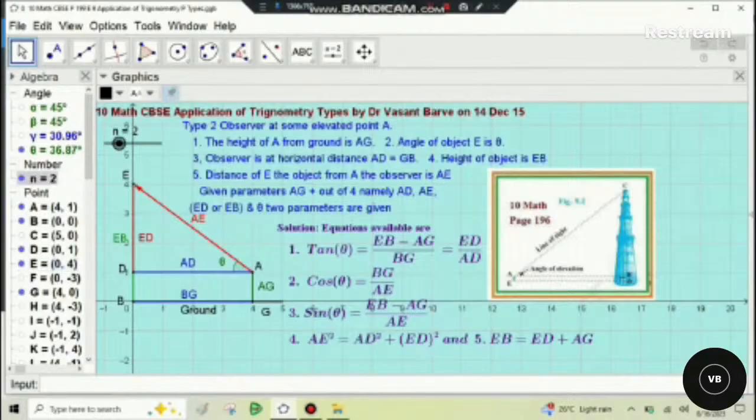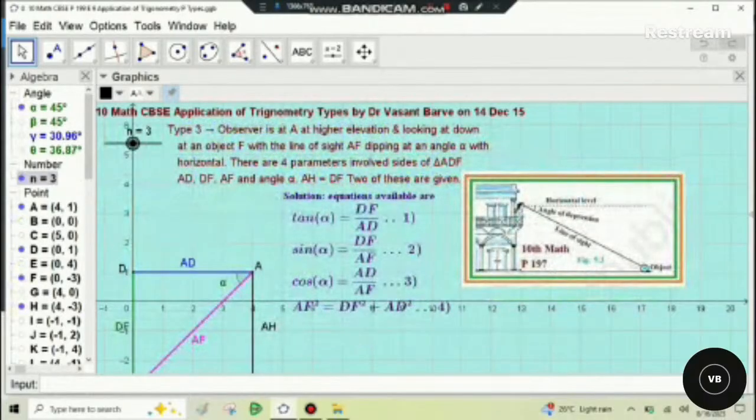Let's look at the third type of problem. Now here, instead, the observer is at a higher level. We know this height at which the observer is, and we know the angle of depression here.